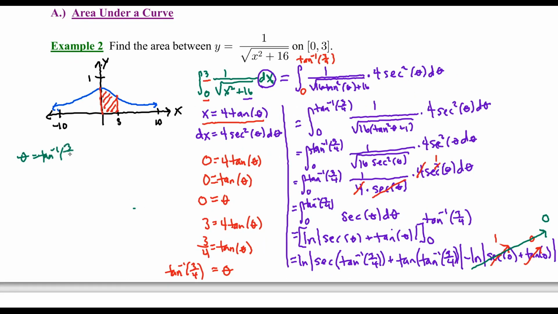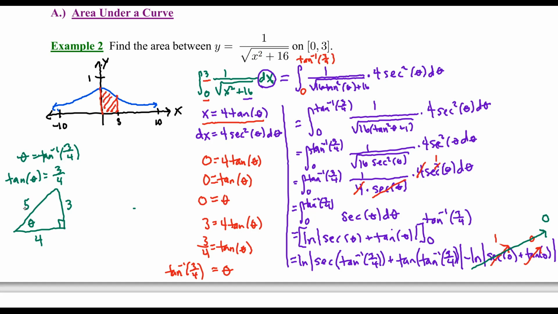And if I take the tangent of both sides, we can see tangent of theta is equal to 3/4. So if we assume that theta is an angle on a right triangle and tangent is opposite over adjacent, then the opposite side would be 3 and the adjacent side would be 4. If we solve for the hypotenuse of this triangle using Pythagorean theorem, we would end up with 5.